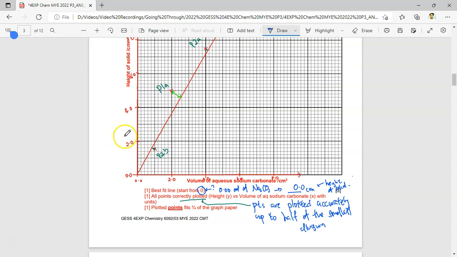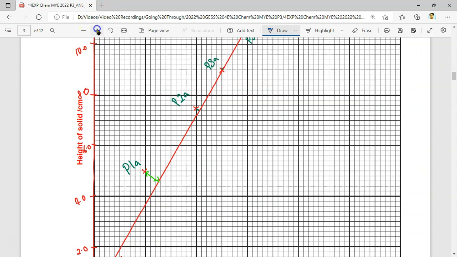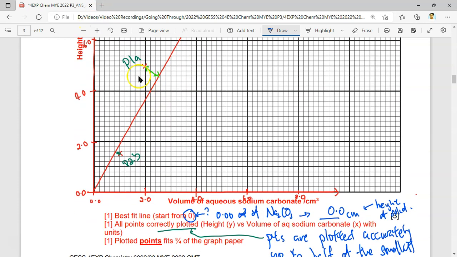In this case, if you look at the graph that we have here, the smallest division would be this part over here. This part is actually 0.2. This division over here is 0.2. So what is half of the smallest division? It's actually 0.1.